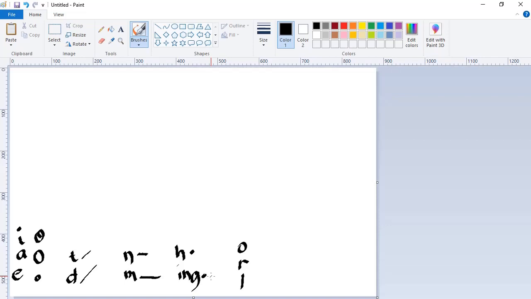Sabi dyan sa inyong module that the symbols for O, R, and L are short, forward, under curves, differentiated by length. So, ano po yung tinatawag nilang under curve? Ganito po yun. Differentiated by the length.